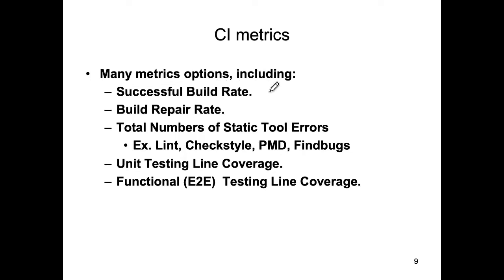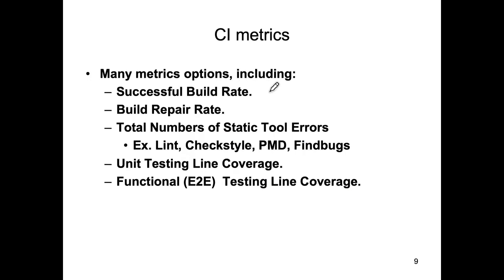So it's important that we have metrics that the team leaders can use to decide whether our CI/CD process is good or not. So what software development teams would do is they would identify some key metrics and monitor those metrics on a continuous basis.